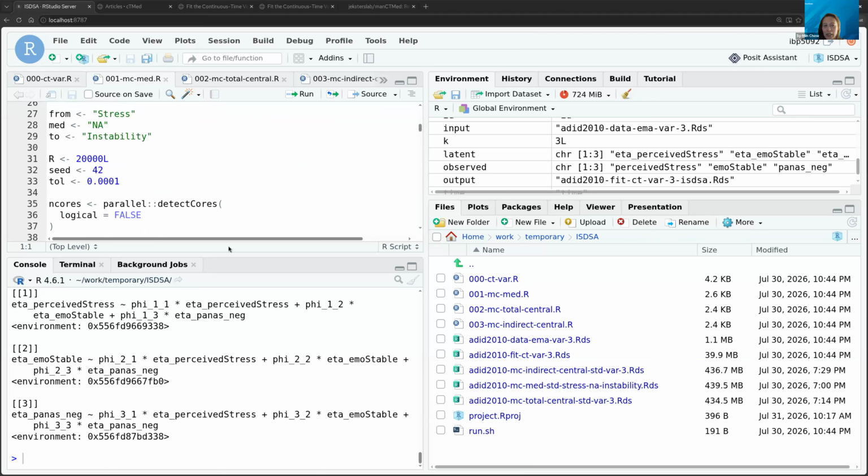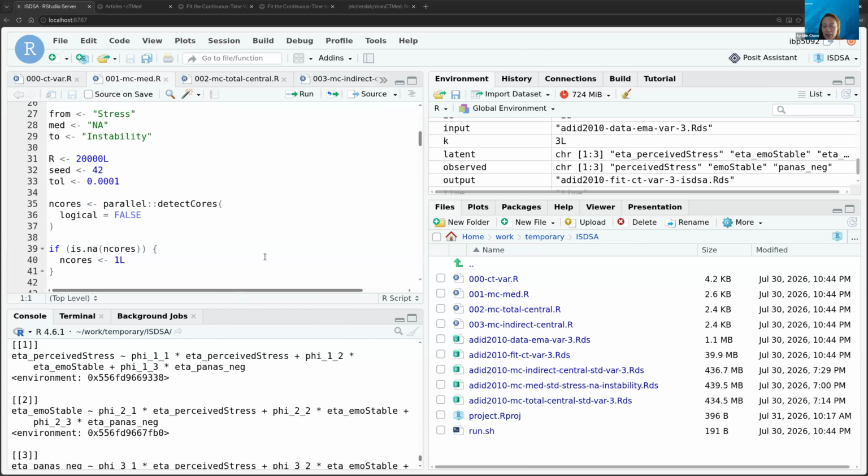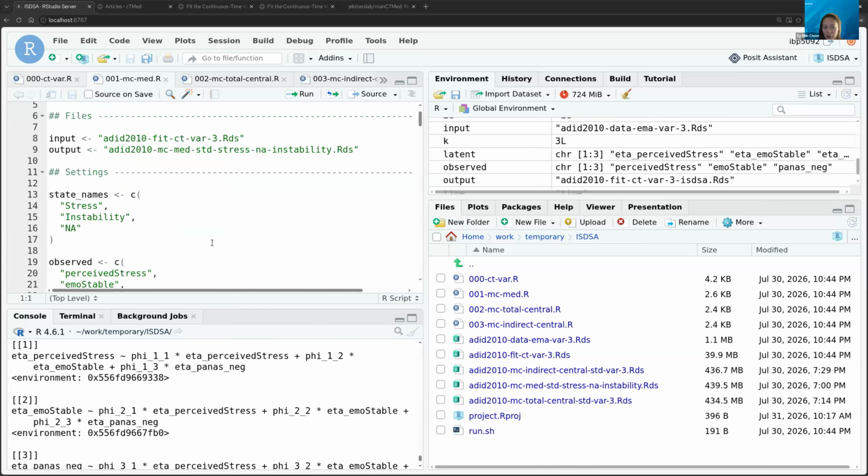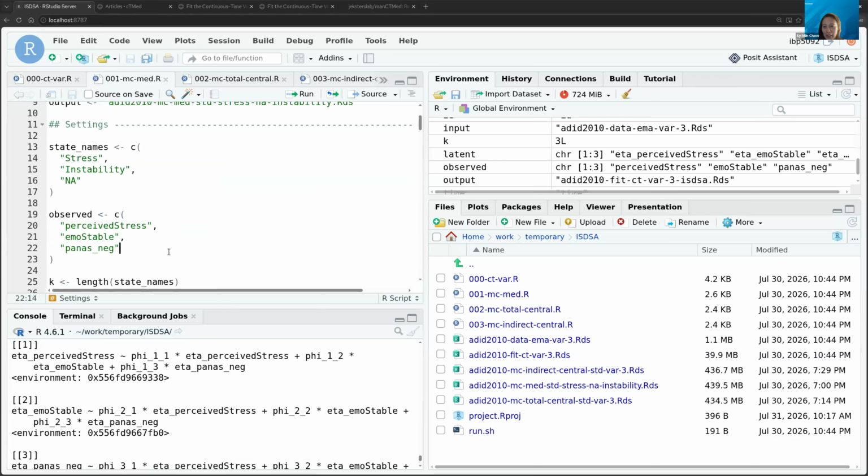So in Jack's data sets, basically, his observed variables are called, so can you go to your observed variable names? Yeah, so in his data set he would have perceived stress, emo stable, PANAS, NAC as the observed variable names. These variables have to exist in his data set.